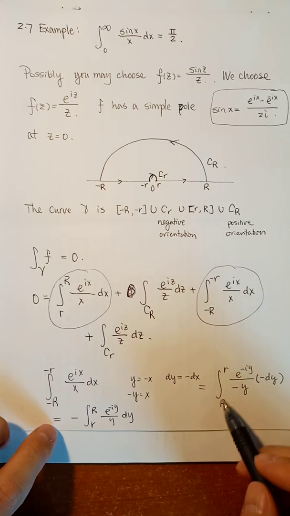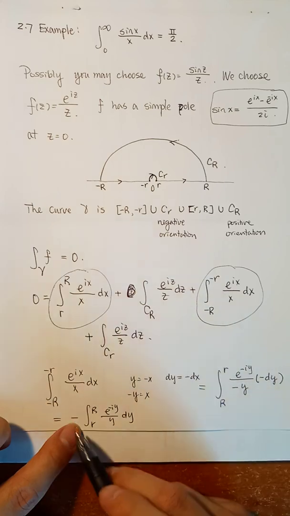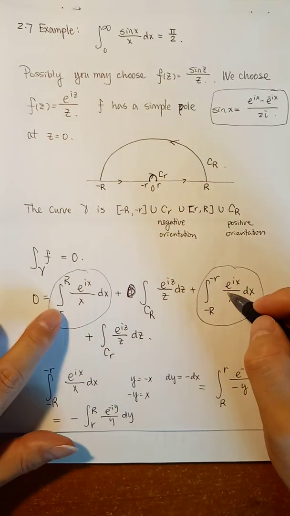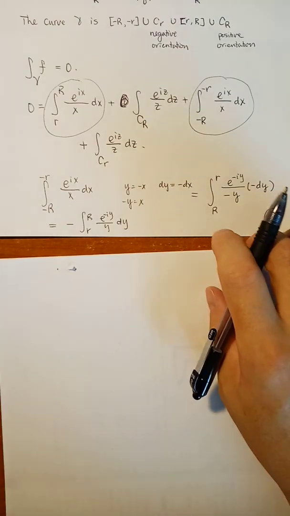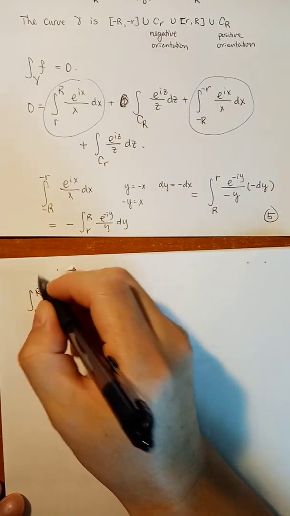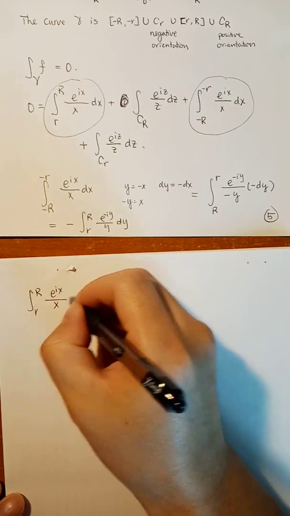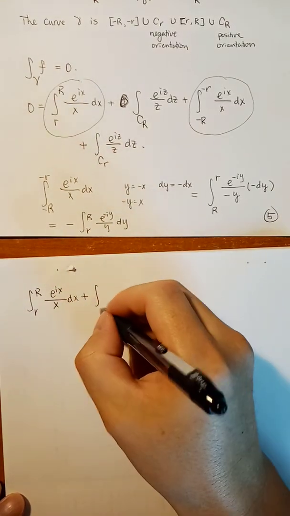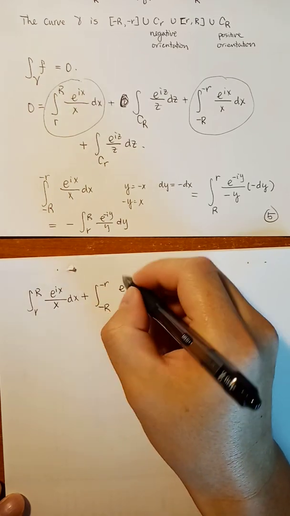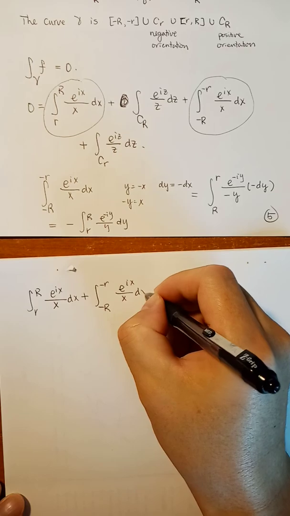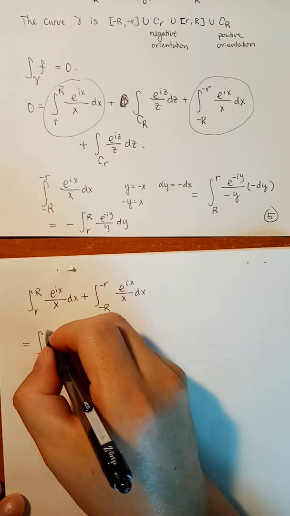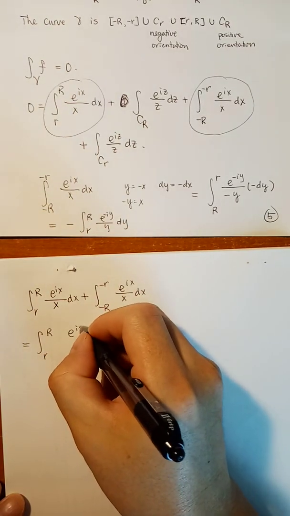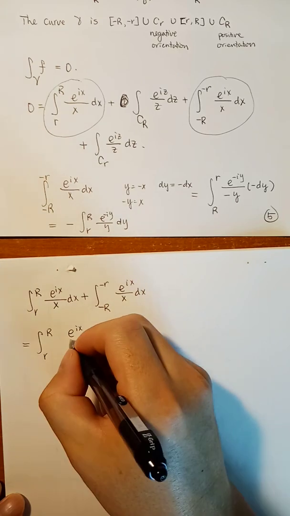They are cancelled, but you want to exchange the R and the little r, then you have a negative sign. And then these two things, put them together, they share the same limit. So it's e to ix minus e to negative ix over x.